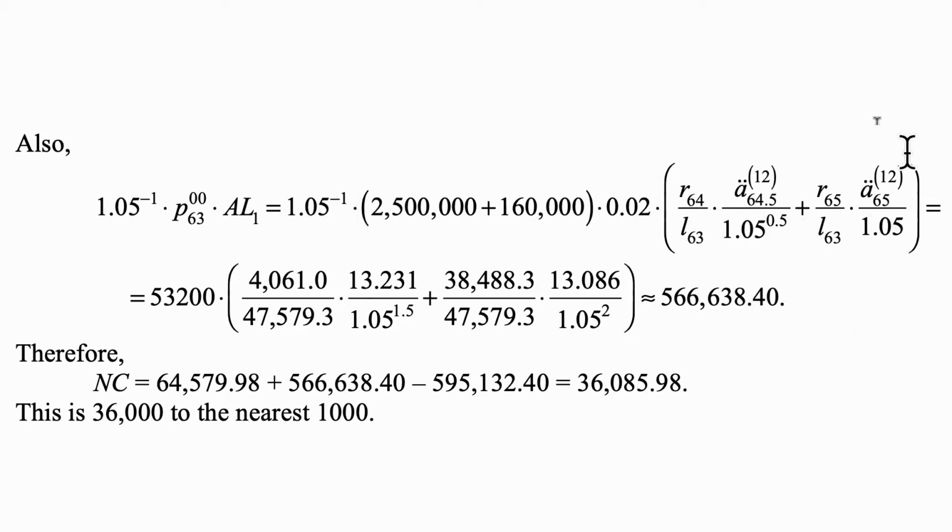And all of these numbers here are available from the table, so we plug them in, do the calculation, we get 566,638.40, and then the normal cost is calculated from that basic recursive equation. Everything else is known, so we treat normal cost as the unknown, and we calculate it to be 36,085.98, which is 36,000 to the nearest 1,000.